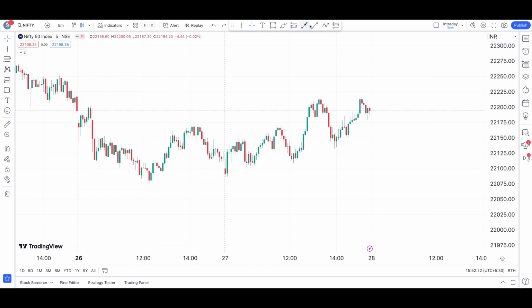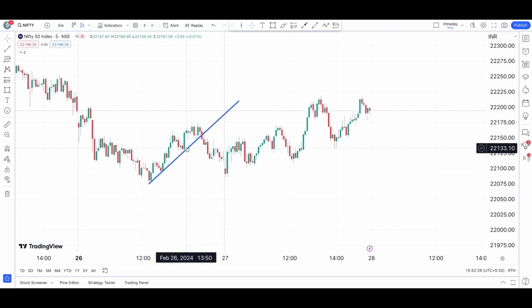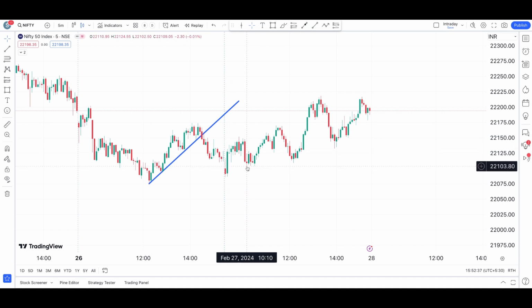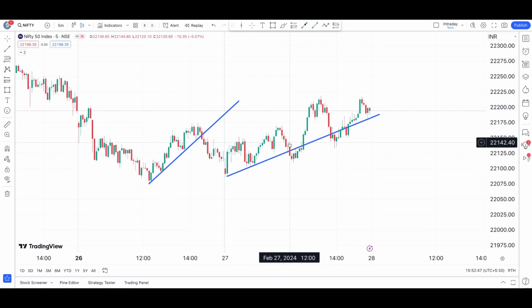And if you notice, yesterday that's a valid trend line meeting three price actions, three swing reactions, and from there you have seen a breakout. And today, as it started rising, as it again started coming back to 22,000 levels in the Nifty, from here again you have seen a price action. Whenever you see two reactions like this, you would draw a trend line, right? But after that, you have seen a breakout.